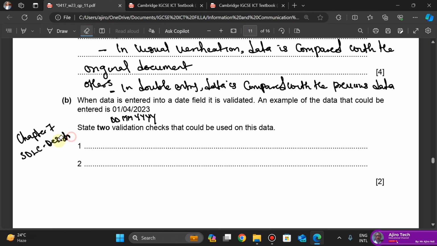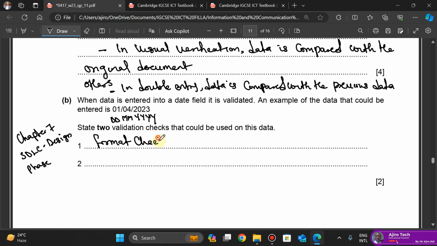They said state two validation checks that we use on this data. One is the format check, to ensure it is in the same format, and the next one is the type check, the character type check, simple.